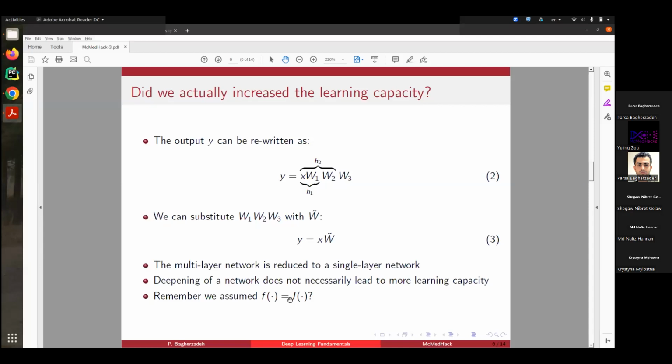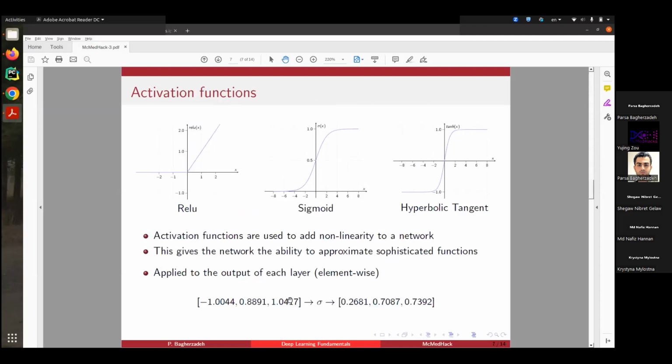But there are certain cases where the distribution is not linearly separable. To remedy that, we use activation functions. Activation functions are often used to add nonlinearity to a network. So instead of assuming our function is an identity function, we can assume that it is one of these non-linear functions.